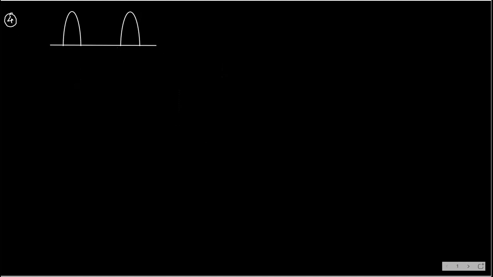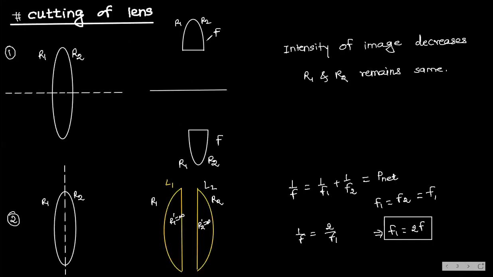Then you see, in the previous case I already told, in this case you can see the cutting of the lens slope, first case. Same, these two parts we have cut now, like this we have placed. What is the focal length? F only.